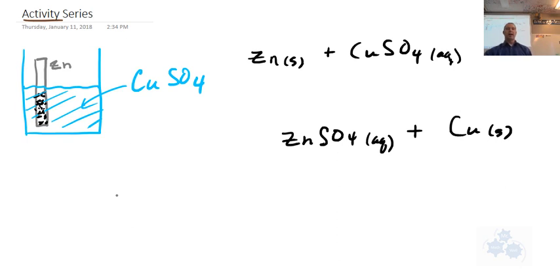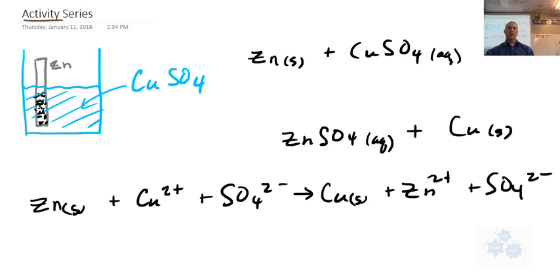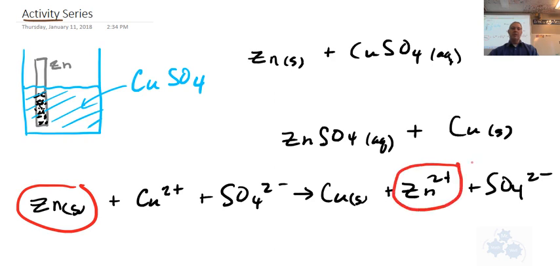Okay, so if I could just rewrite this, it looks kind of like this. Zinc solid, you guys don't have to write this, but I want to do this, is really, this is what we have. Copper sulfate, and we're producing now copper solid with zinc ions and sulfate ions. And what is really important here is that the zinc solid becomes a zinc ion.